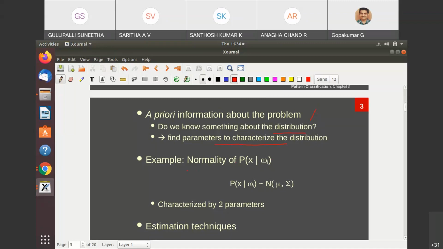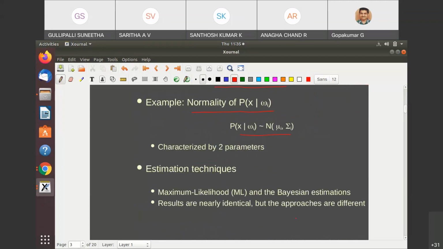Now the normal density assumption, that is the normal density equation, and we know that they are characterized by two parameters. And there are two estimation techniques: one is called maximum likelihood estimation and the other is Bayesian estimation. An interesting thing is that you can apply any of these techniques, depending upon the availability of data or other things, but the results are almost identical, though the approaches are different.